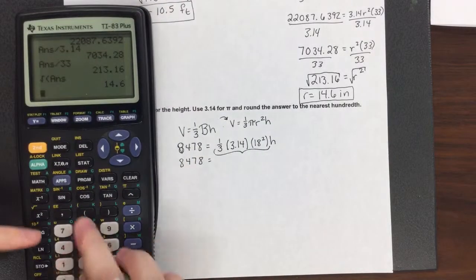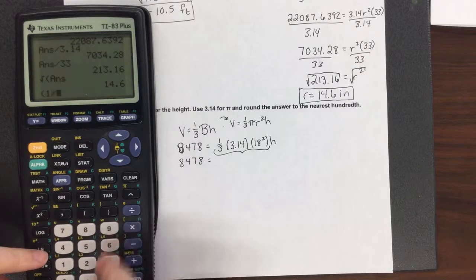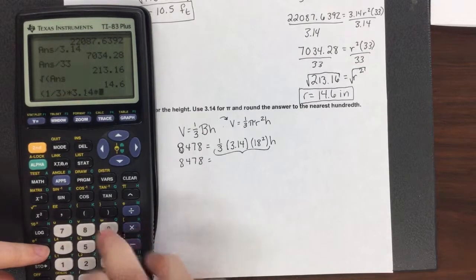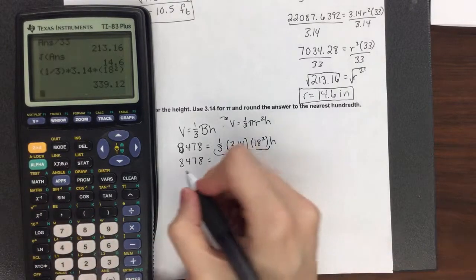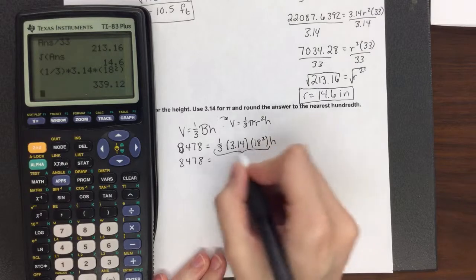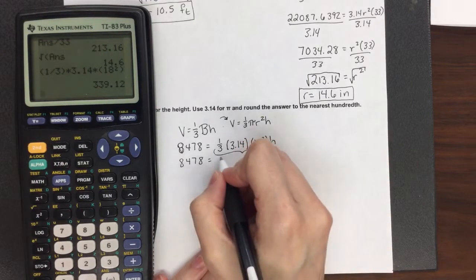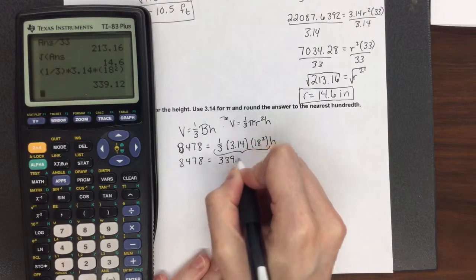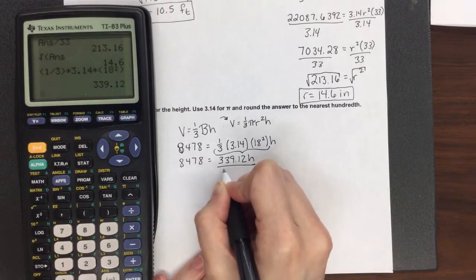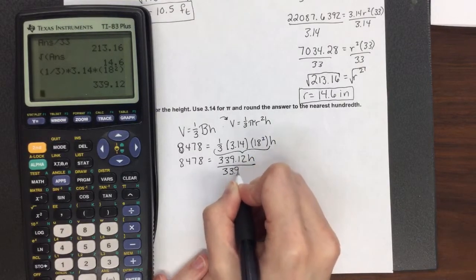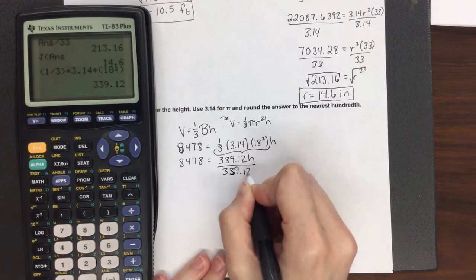So I'm going to do 1/3 times 3.14 times 18 squared. So all three of those numbers multiplied together is going to give us 339.12 times the height. We want to solve for the height, so divide both sides by 339.12.